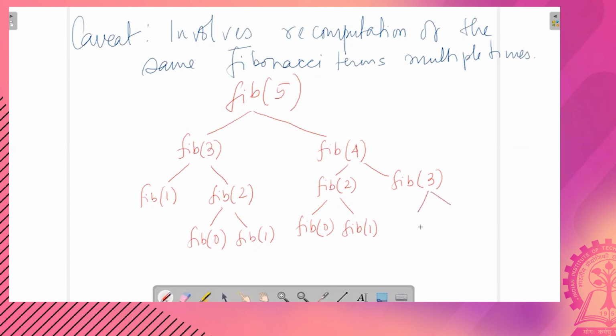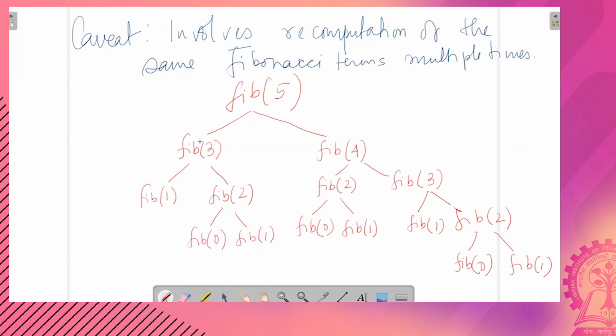Fib3 will make a call to fib1 and fib2, and as you have seen, fib2 will make a call to fib0 and fib1. So you see that immediately as you draw the recursion tree, things get very clear to us.